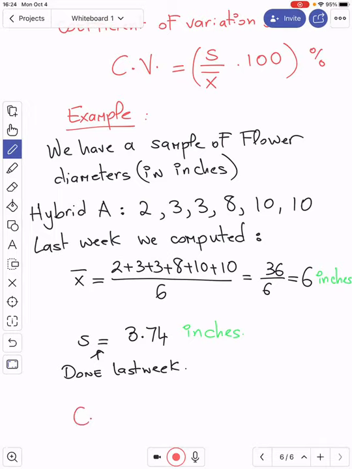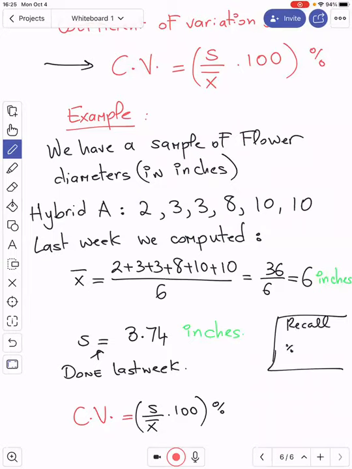the coefficient of variation is going to be equal to S over X bar. The formula says the following. Here's the formula again: S over X bar times 100%. Again, guys, the percent just means a division by 100, right? So when you say 100%, it's 100 over 100, which is equal to 1.